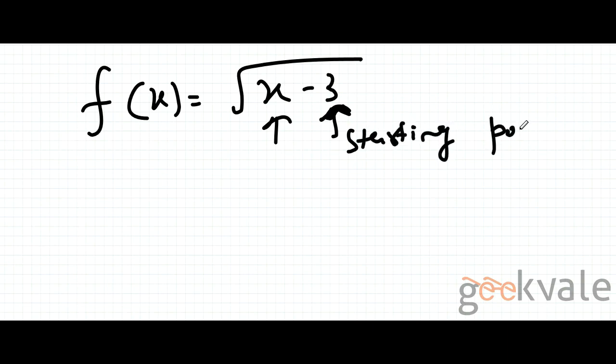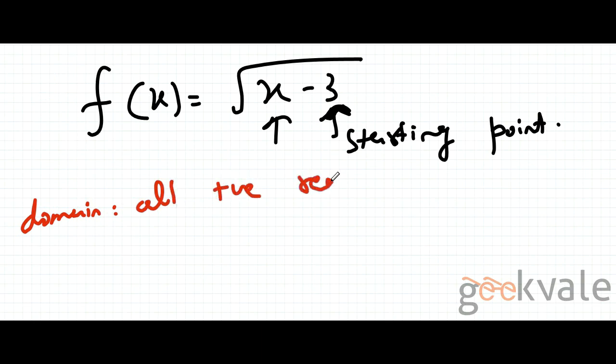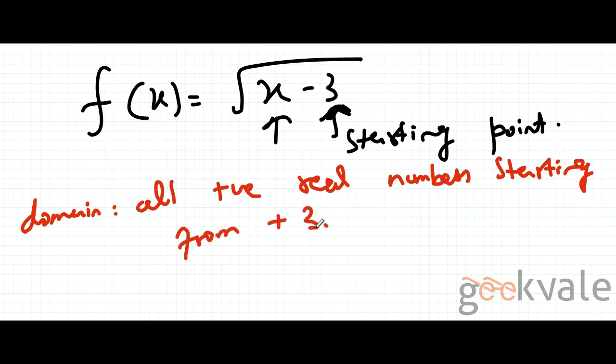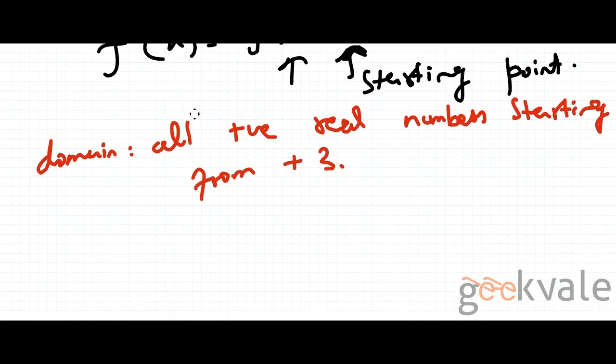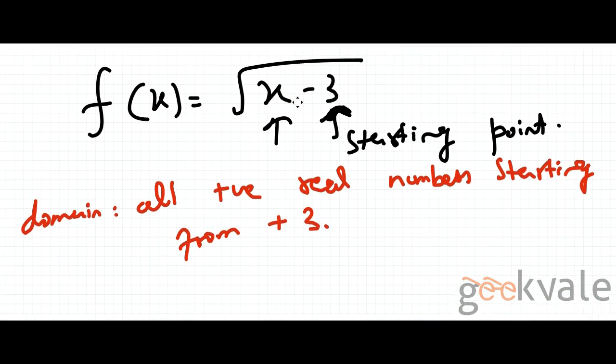I cannot have anything in x which is less than 3, because that's going to result in a negative answer. So the domain will be all real numbers starting from which number? In this case the expression cannot be negative, so it's starting from 3. Okay, and think about the range that we're going to have.